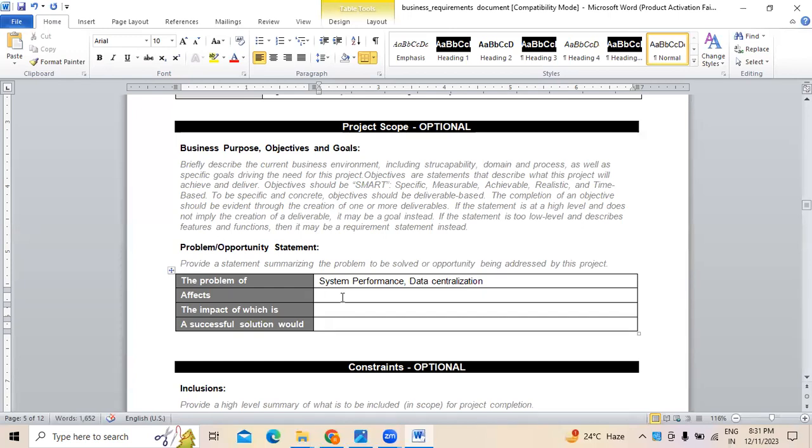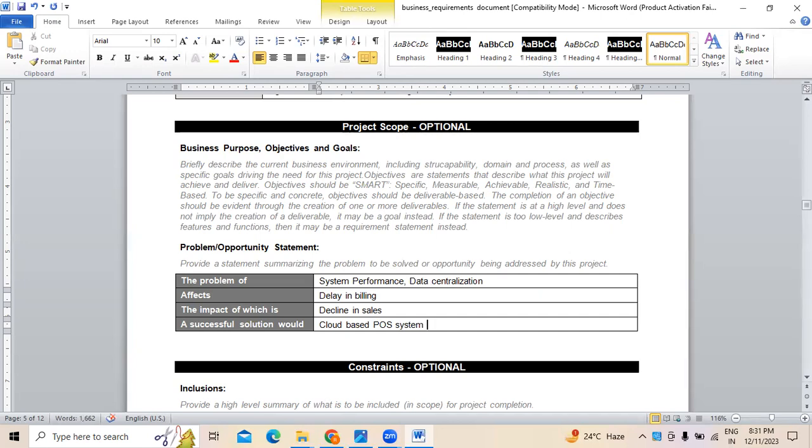What is getting affected? Delay in billing, right? Delay in billing is generally the effect. Because of that, what is getting affected? Decline in sales. This is long term. Effect is immediate, impact is long term. So what solution are we going to provide? Developing a cloud-based point of sale system is the solution we are going to develop.